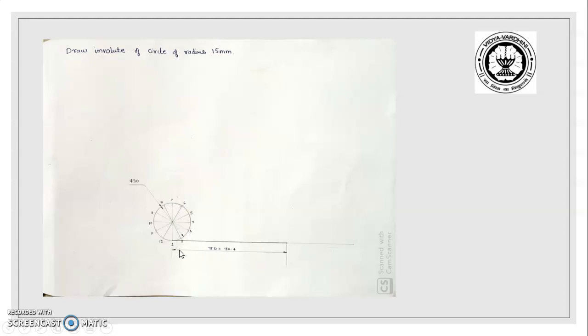One of the students asked me, what should be the position of the string? If it is not given in the question, then we have to assume that the string is always horizontal and starts from this vertical line of the circular point. If it is given in the exam, the string position will be given either vertical, horizontal, or at some angle.